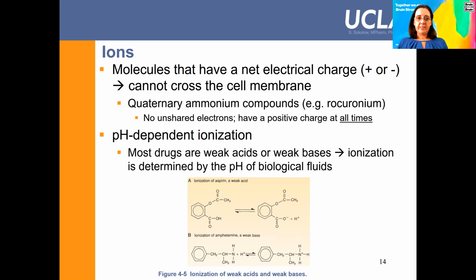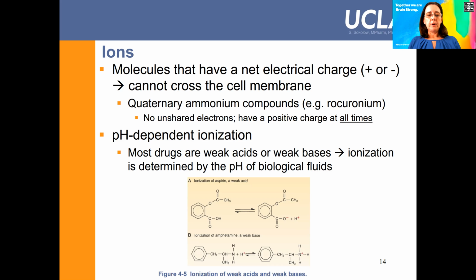So ions are different, because ions are molecules that have a net electrical charge, either positive or negative, and because they are charged, they are not going to be able to cross the cell membrane. For example, the quaternary ammonium compounds like rocuronium, which is used as a muscle relaxant, cannot be administered orally because they would not be able to cross the membrane.